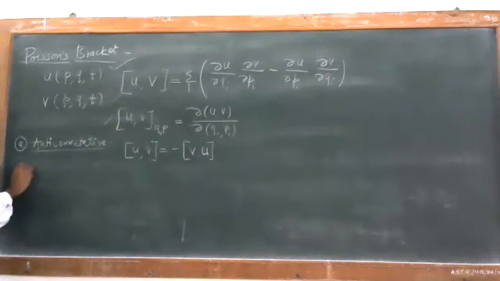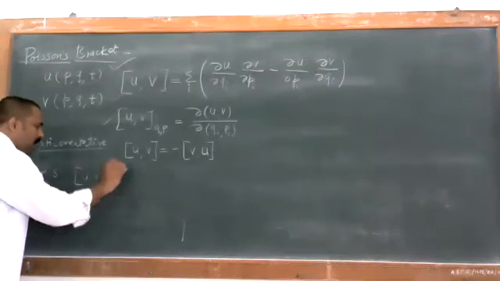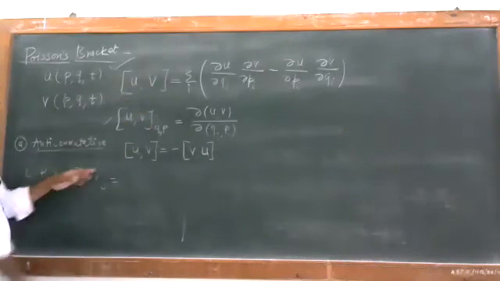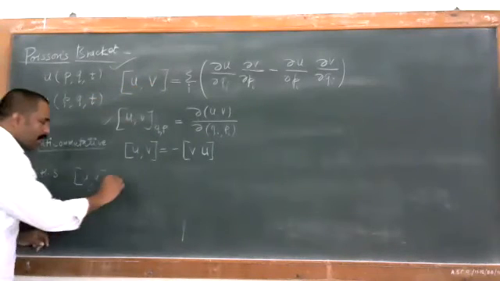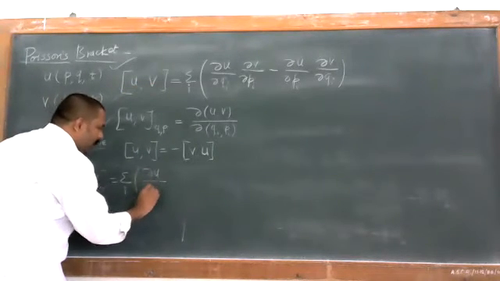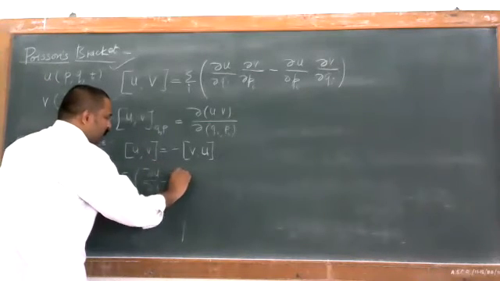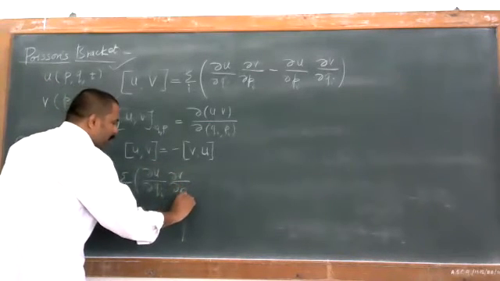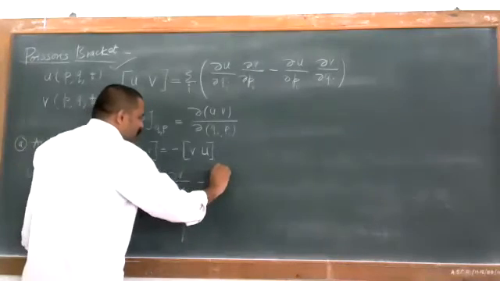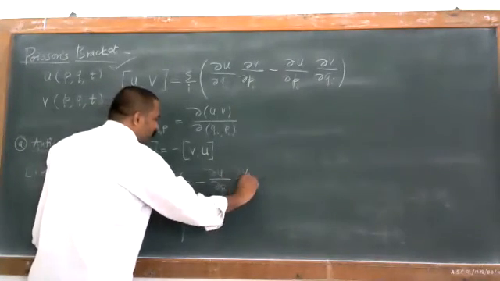Let us say we'll take the LHS. So what is LHS? LHS is nothing but the Poisson bracket of u, v. So as per the definition, we have summation over i of ∂u/∂qi into ∂v/∂pi minus ∂u/∂pi into ∂v/∂qi.